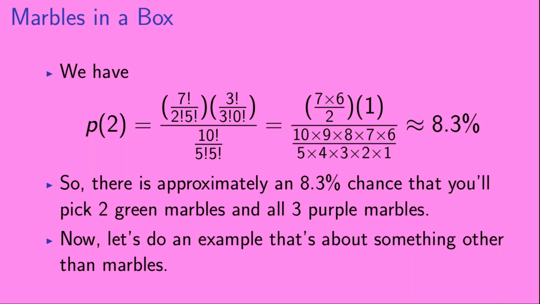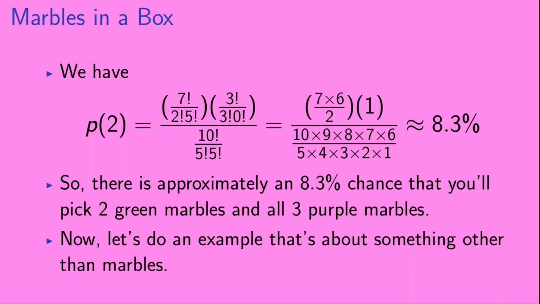The second term, 3 choose 3, is just equal to 1. And in the denominator, some of the factors in the 10 factorial are canceled by one of the 5 factorials. When we work all of that out, we get that P of 2 is equal to about 8.3%. So there is an approximately 8.3% chance that you'll pick 2 green marbles and all 3 purple marbles.